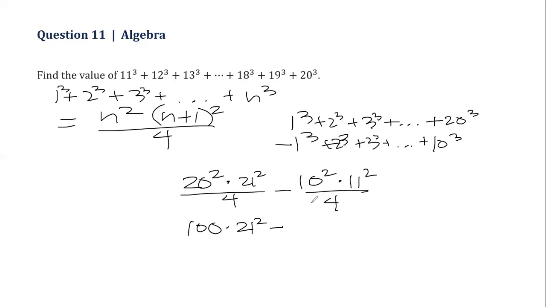If you divide it by 4, that is 25. 21 squared is 441, and 11 squared is 121.